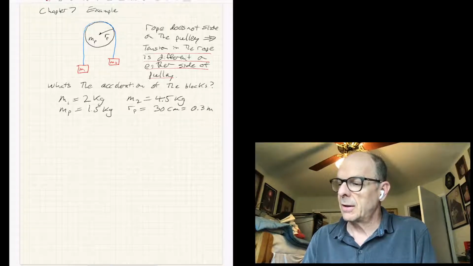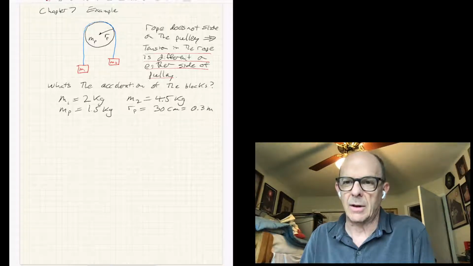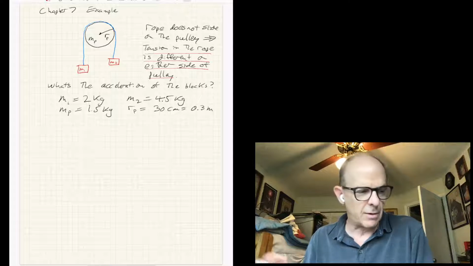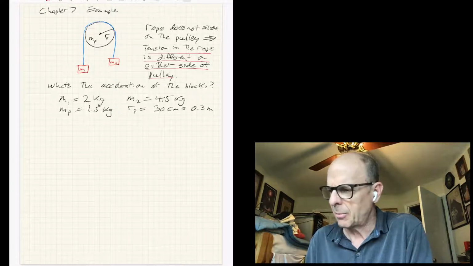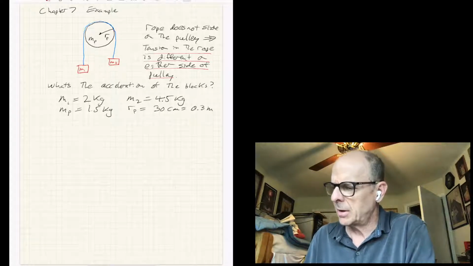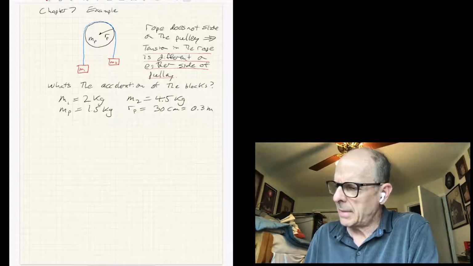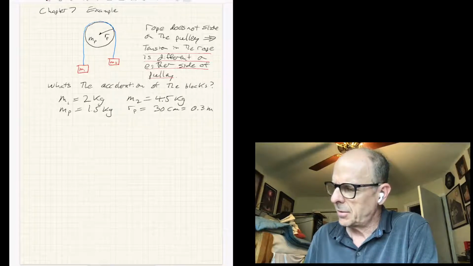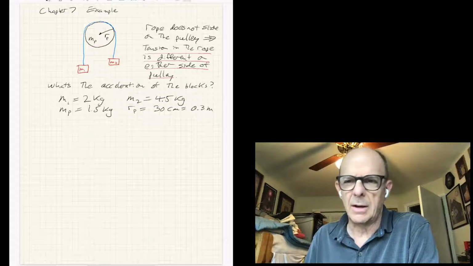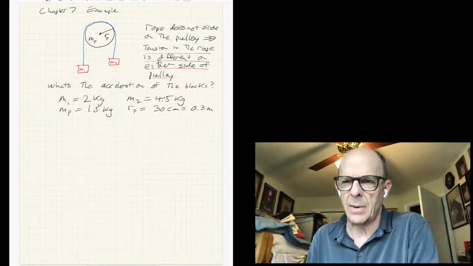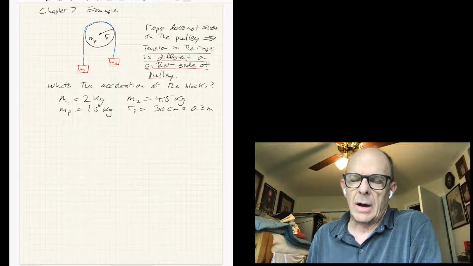And in turn, that acceleration is the tangential acceleration of the rim of the pulley. So how do we approach this problem? We're given the masses of the two masses that are indicated here. We're given the mass of the pulley and the radius of the pulley. So how do we approach this?